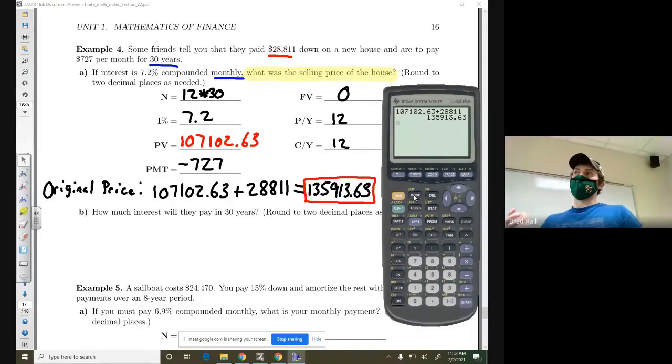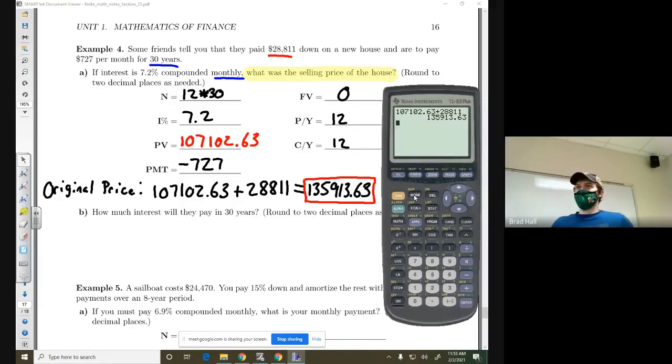So again, the thought process is, you finally agree on an offer. The realtor says, all right, they closed with all the fees and stuff included, you got to pay this amount of money. You pay the down payment of $28,811, and now the amount left over is the $107,102.63, which then that part will accrue the interest that you have to pay off over 30 years.